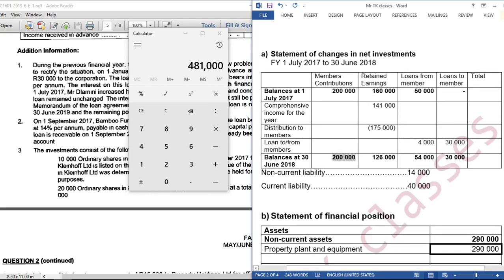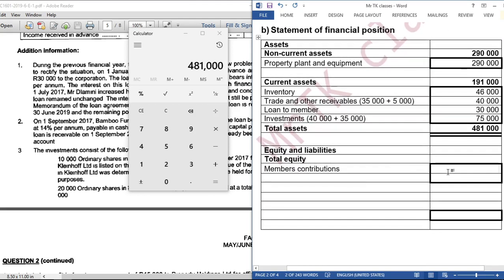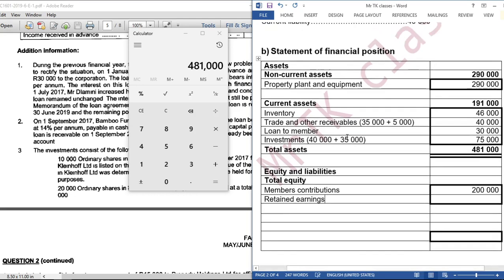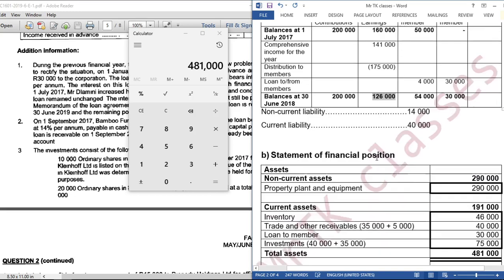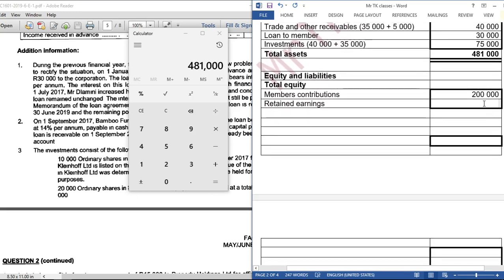At the end, what do we have? 200,000. Then we are going to have retained earnings. Retained earnings at the end, what do we have? 126,000, right? Now we are just going to add 200,000 plus 126,000. We are going to get 326,000.